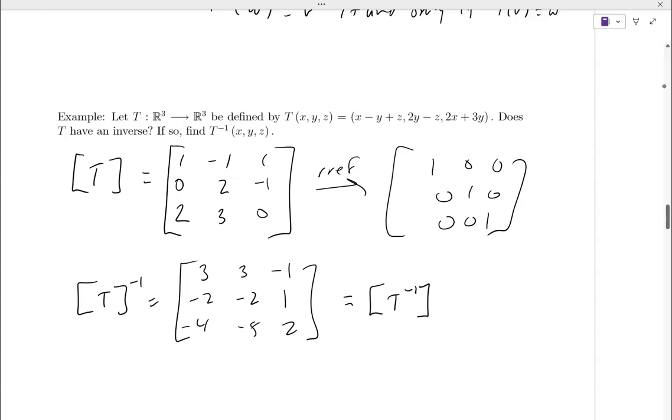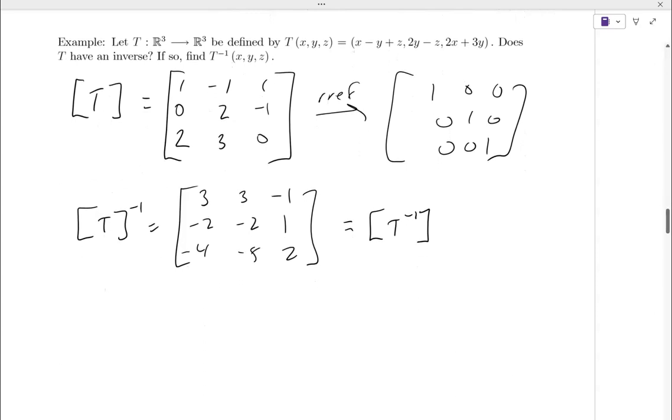So now we should be able to read off what T inverse of x, y, z should be. What should be the first component of the inverse in this case, looking at your matrix? Yep, exactly right. The 3x plus the 3y minus the z. Because again, we're just reading off the first row. If you imagine the x, y, z being a column vector, that's exactly what you would get when you multiply, right?